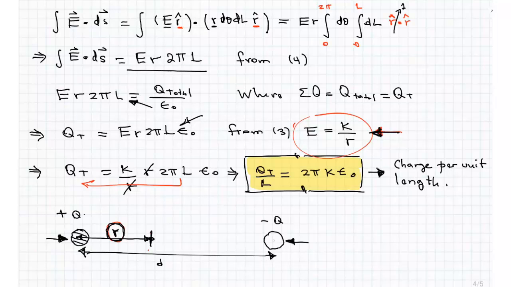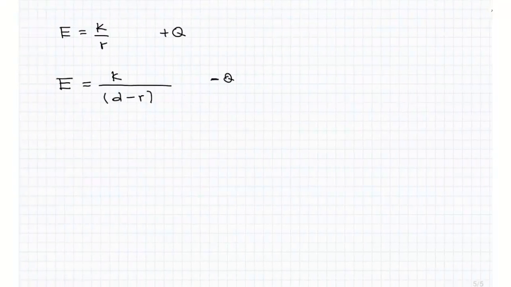Similarly, the electric field due to this wire at this point, and the distance between this point and the wire is d minus r. So I use the same expression, but instead of r, I use d minus r, because it's the distance between the second wire and the point in consideration. So that's why I write the expression for the electric field like this.